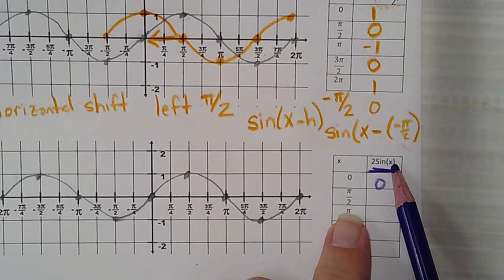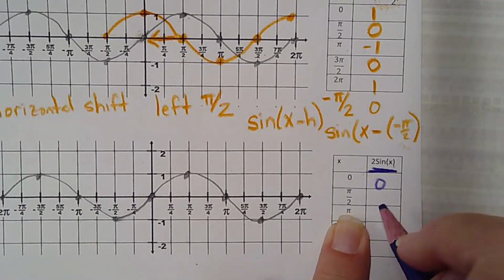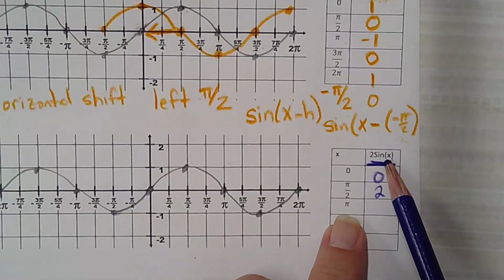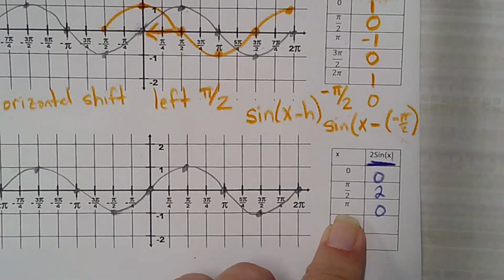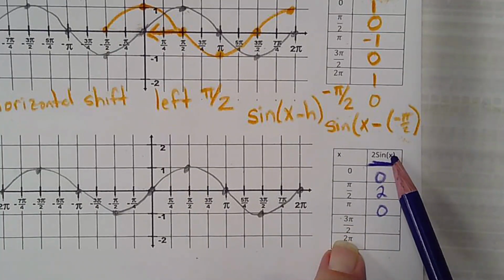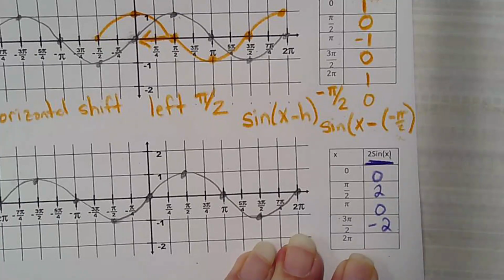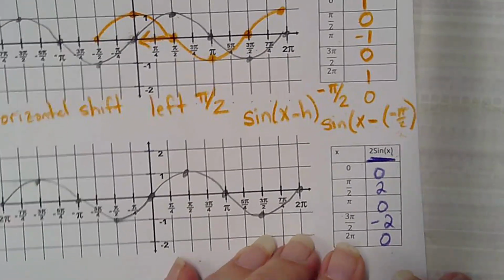Sine of pi over 2 is 1, and 2 times 1 is 2. Sine of pi is 0, and 2 times 0 is 0. Sine of 3 pi over 2 is negative 1, times 2 is negative 2. Sine of 2 pi is 0, 2 times 0 is 0. Let's plot those 5 points.